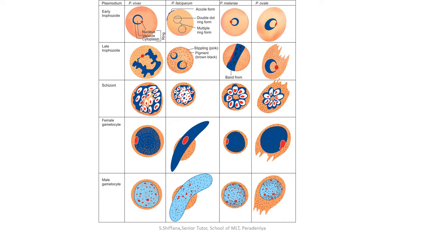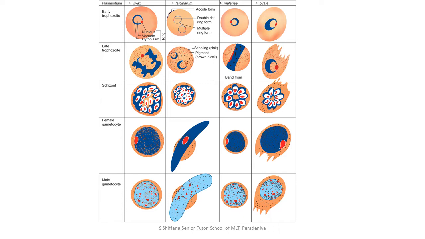Next we will move on to the Plasmodium vivax stages. Plasmodium vivax is the most common one present in Sri Lanka, so we should know how to identify Plasmodium vivax.